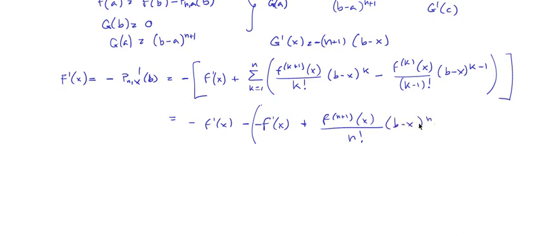Okay, this is going to be the last term in the sum. If you compute the telescoping series, you'll see. But then we have minus f prime plus f prime, which is 0, and then this is equal to minus the n plus 1 derivative of f at x divided by n factorial times (b minus x) to the n, right?